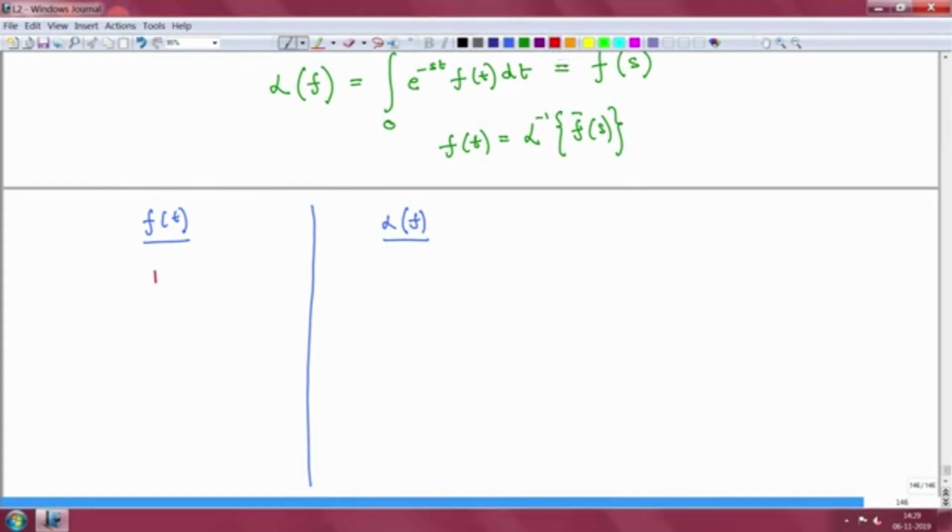Laplace of 1 comes out as 1 by s, Laplace of t comes out as 1 by s square, the Laplace of t square comes out as 2 factorial by s cube, and the Laplace of e to the power a t comes out as 1 by s minus a.